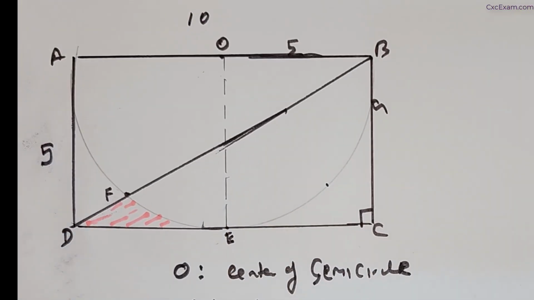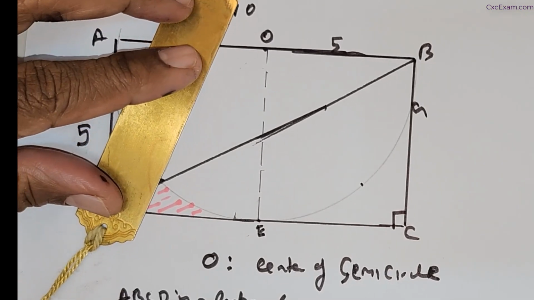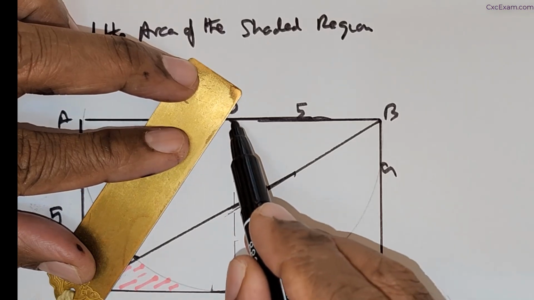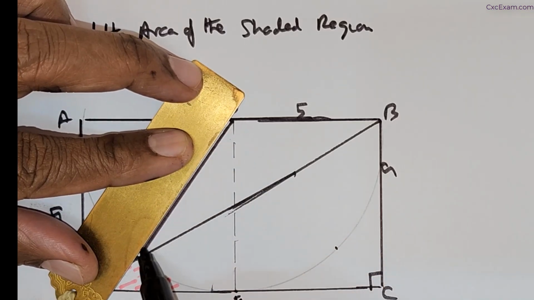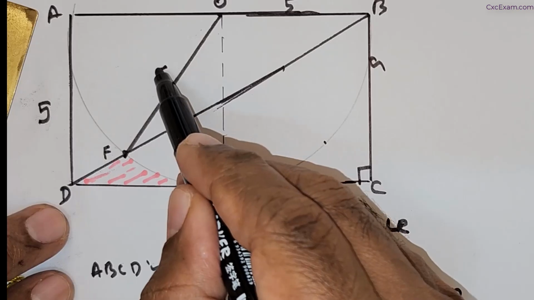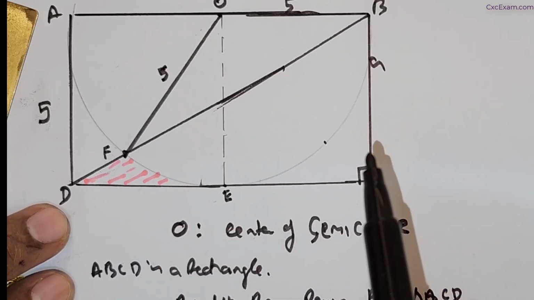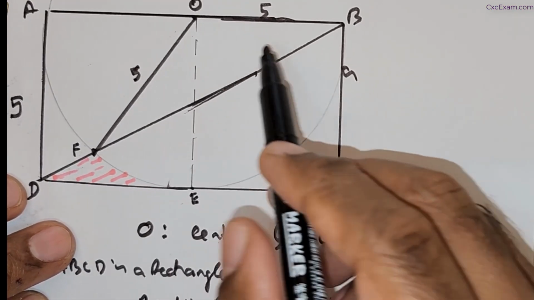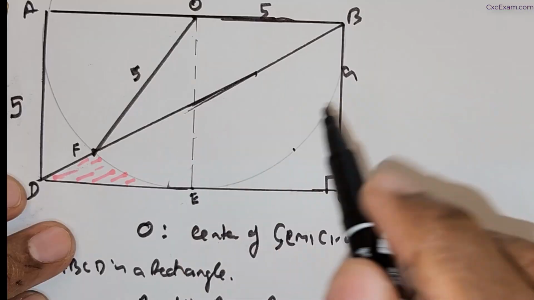So to get this region, from the point F I'm going to connect to O, right? So this will also be 5 units. Okay, so what do you see here? You see a sector here.